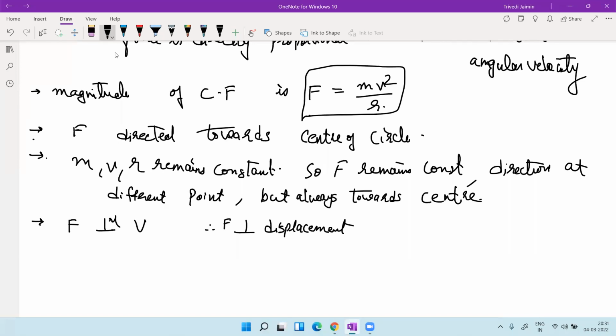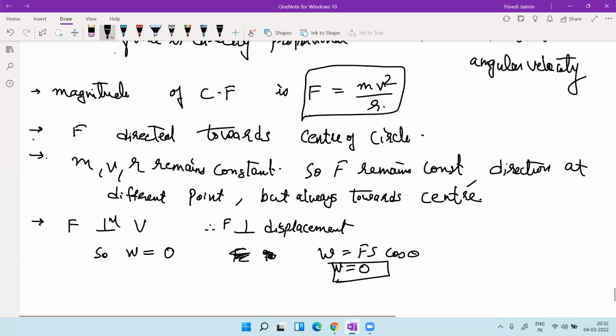So work done equals 0 because force is perpendicular to displacement. That means 90 degrees. As we know, W equals Fs cos theta. Cos 90 degrees is 0. That means work done is 0. Are you able to relate this?